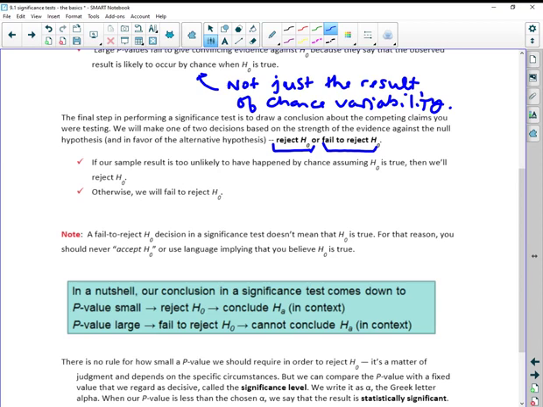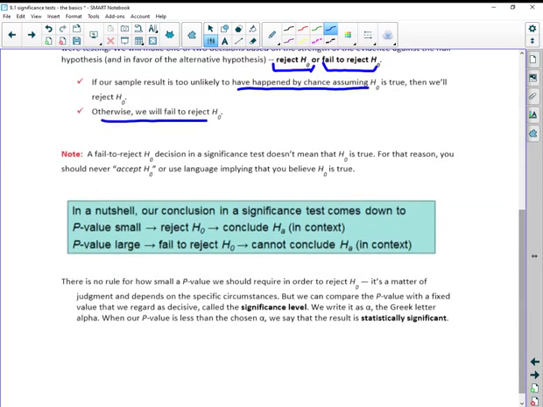We just know we don't have enough evidence to say it's not true. So if our sample result is too unlikely to have happened by chance, assuming that my null is true, then we'll reject it. Otherwise, we're going to fail to reject it. Never accept the null.